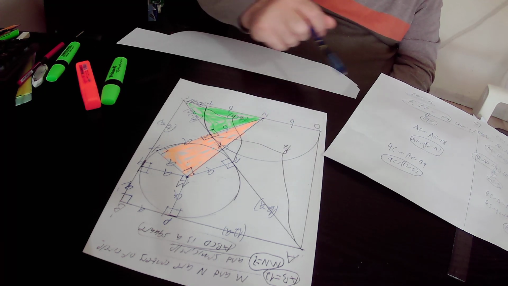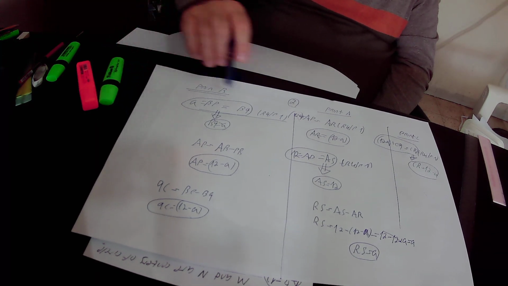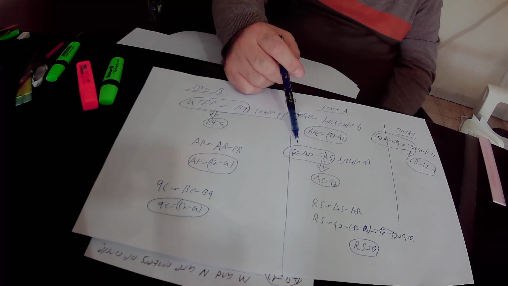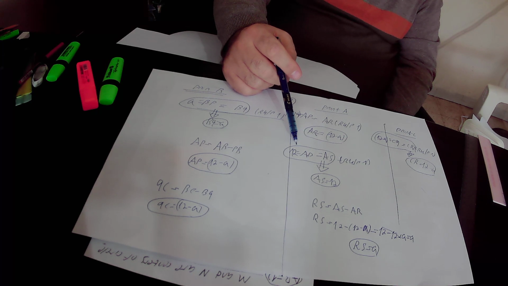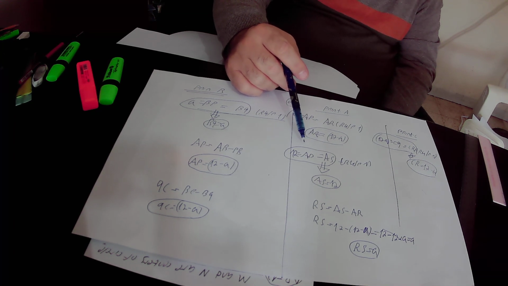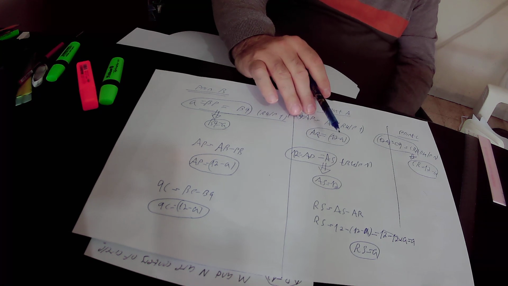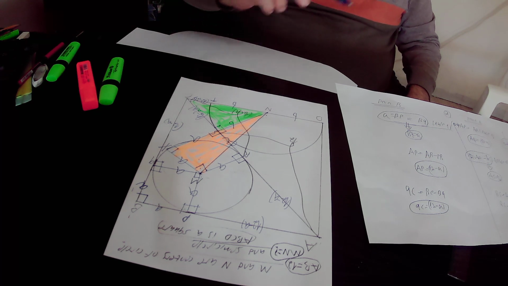That is to say, AD equals AS. But AD is one side of square ABCD, that is to say it equals 12 units. So we conclude that AS is also equal to 12 units. Here we can write down that AS equals 12 units.